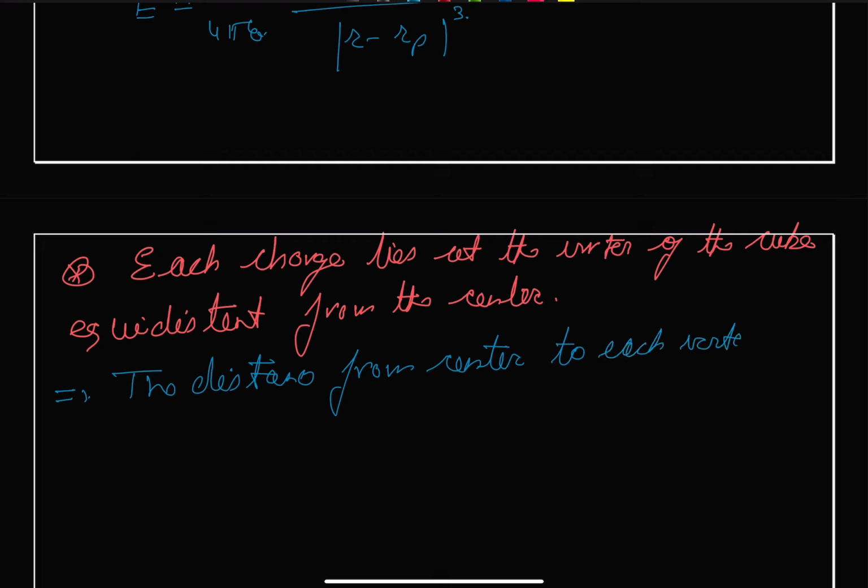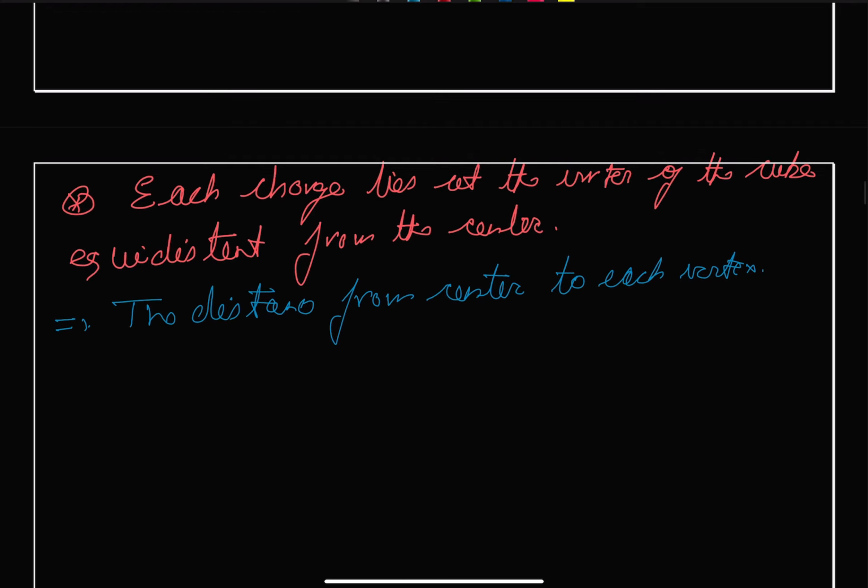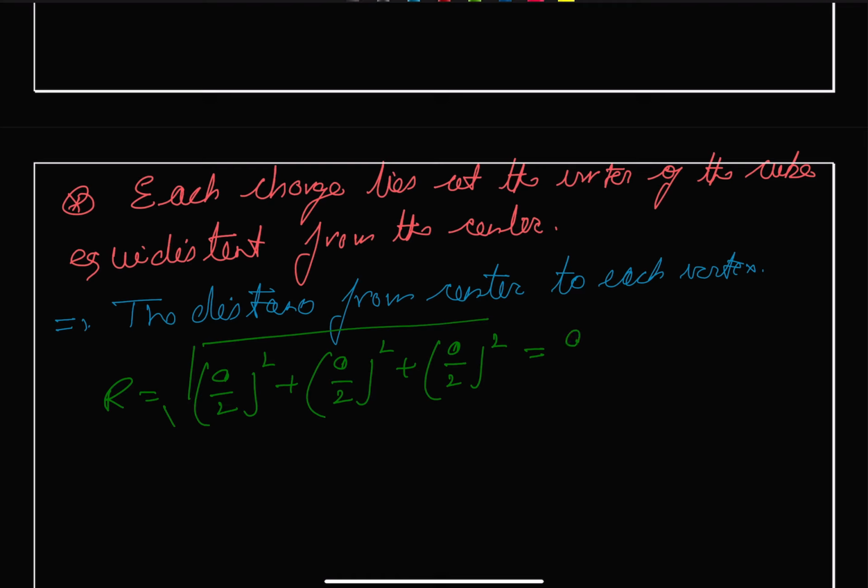Let us suppose that distance is given as capital R. Therefore, capital R will be equal to the square root of (A by 2) whole square plus (A by 2) whole square plus (A by 2) whole square. This gives us A root 3 divided by 2.